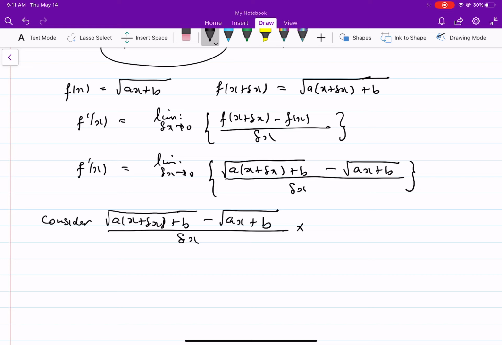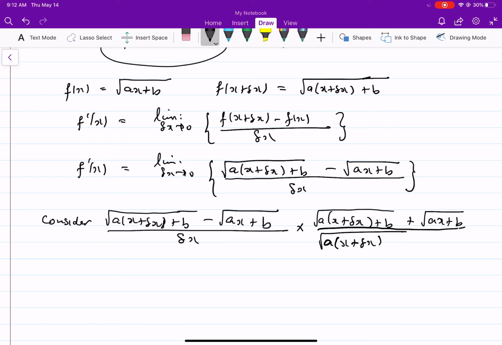The conjugate of the numerator would be the root of a into x plus delta x plus b plus the root of ax plus b, upon the root of a into x plus delta x plus b, again, plus the root of ax plus b.